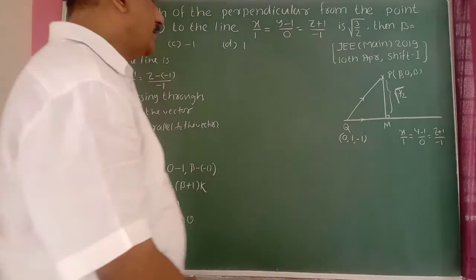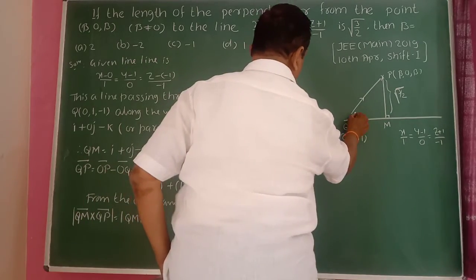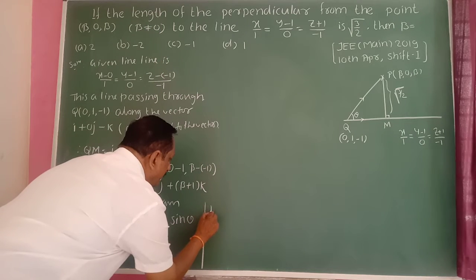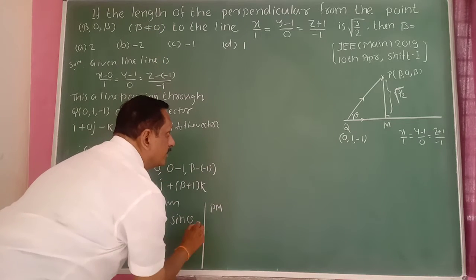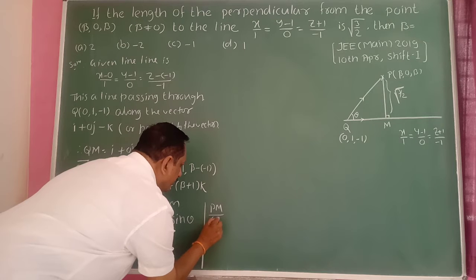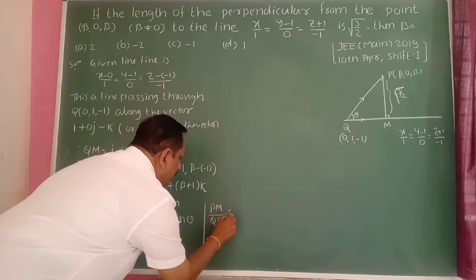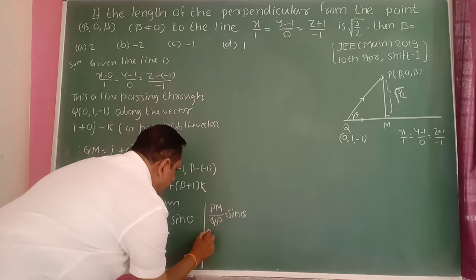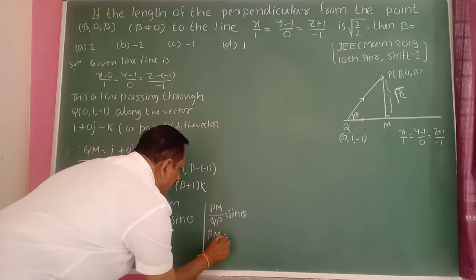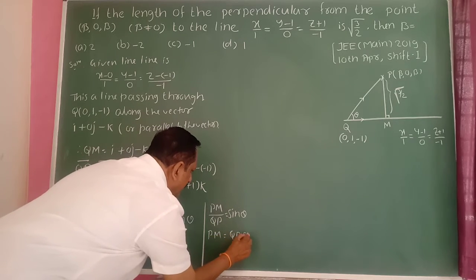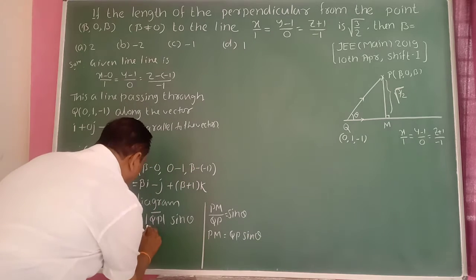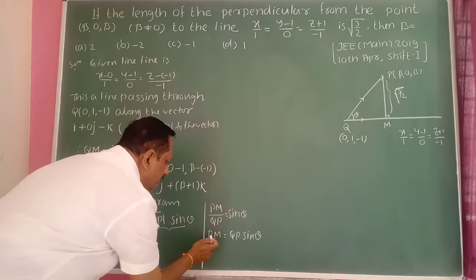Suppose this angle is θ. PM divided by QP is equal to sin θ, opposite divided by hypotenuse. So PM is equal to QP into sin θ.